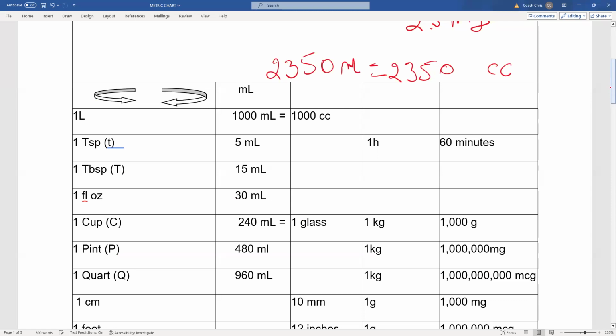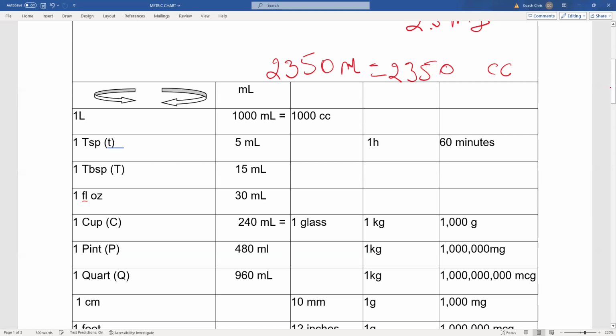Anytime I go from liter to milliliter, I have to multiply by 1,000. Now, when I go from a milliliter back to liter, then I will have to divide by 1,000. So keep that straight. When you go from a liter to milliliter, you multiply by 1,000. And when you go from a milliliter back to whatever they are asking you, you'll have to divide.